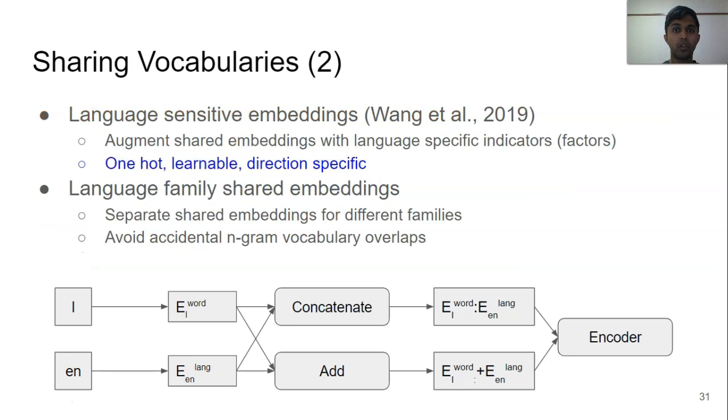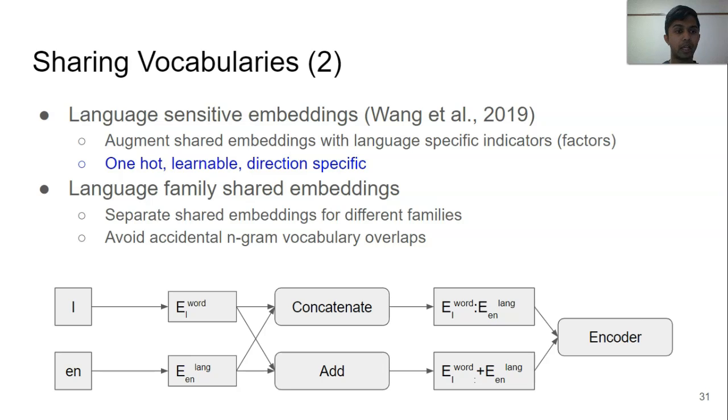Next, Wang et al. also explored language-sensitive embeddings, where they augment shared embeddings with language-specific indicators or factors. If you look at the figure below, you have the word I and the embedding for that word I. But if this word is shared among multiple languages, then the embedding might not contain enough distinguishing information.